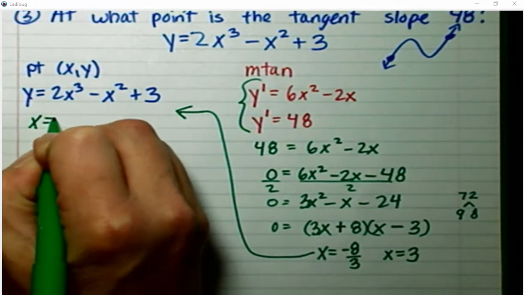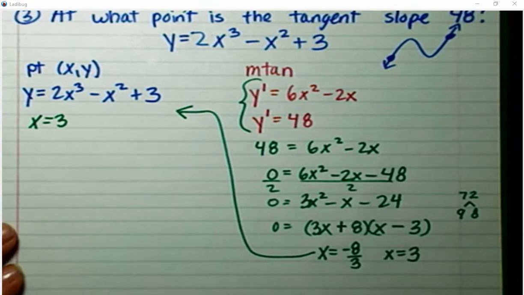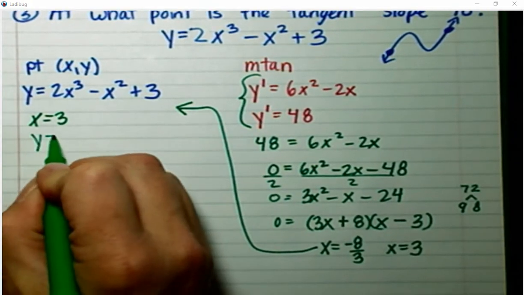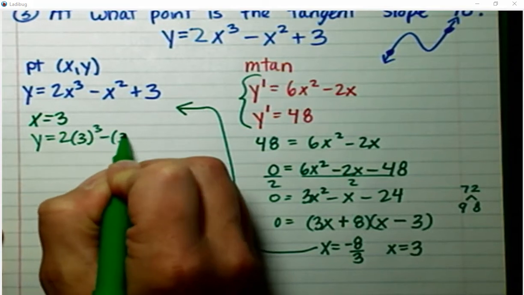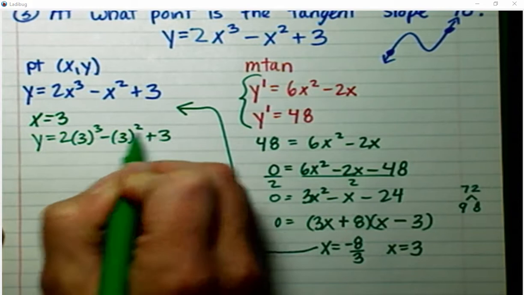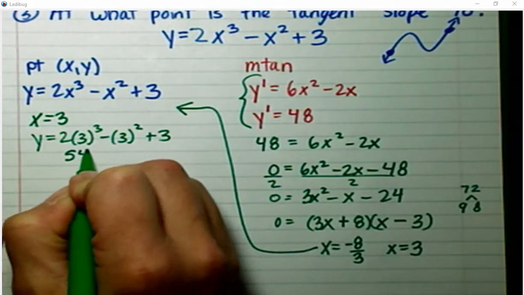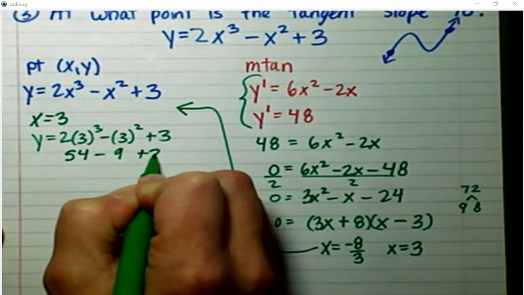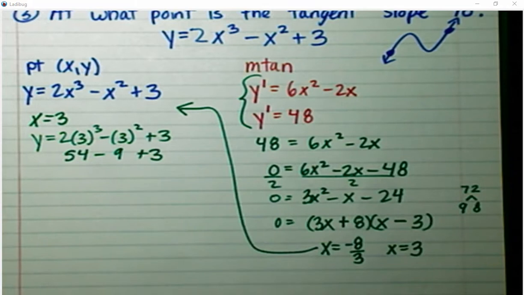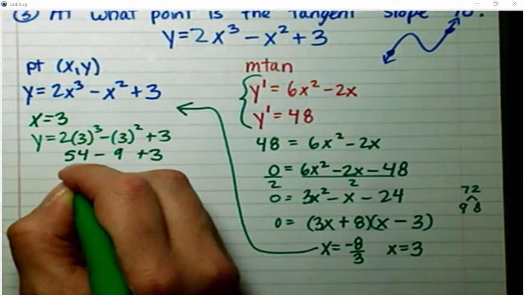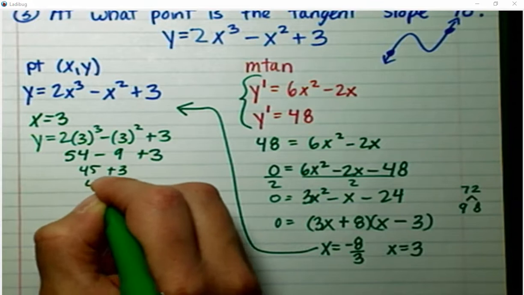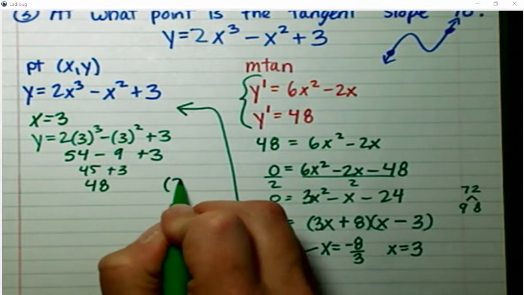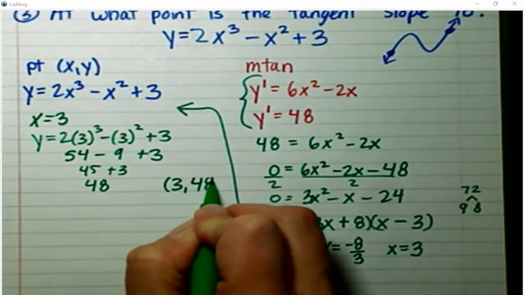So now we have to find the corresponding y value. Okay, so I get the point 3 comma 48.